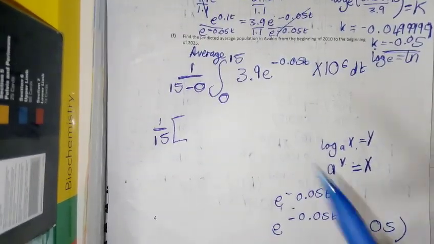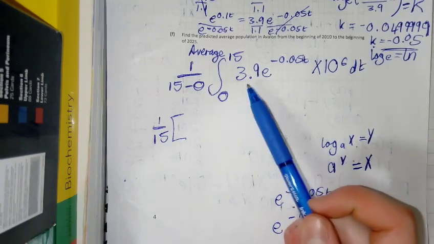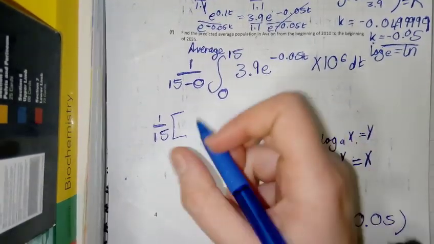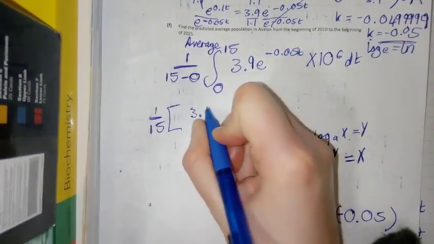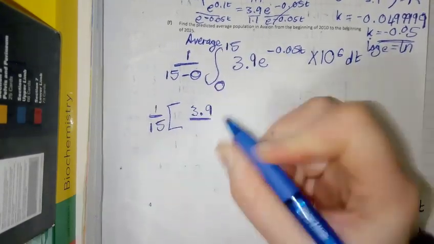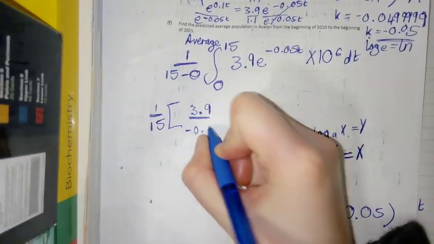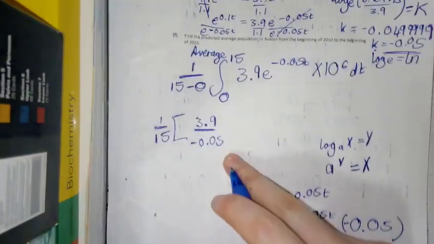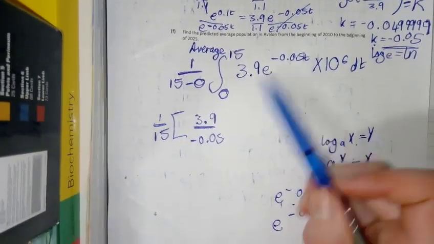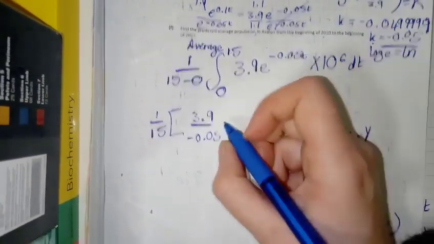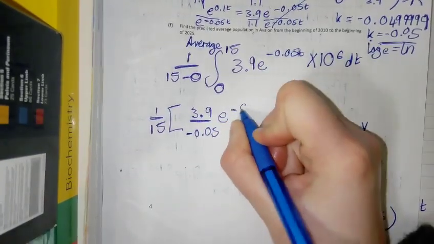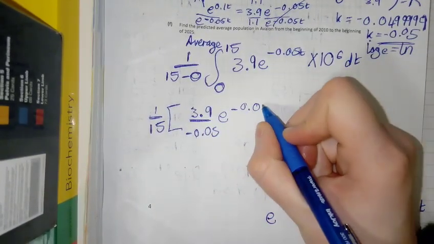So the only way we could have got it is if we had 3.9 and 0.05 on the bottom, because then when we multiply, that 0.05 will cancel out.